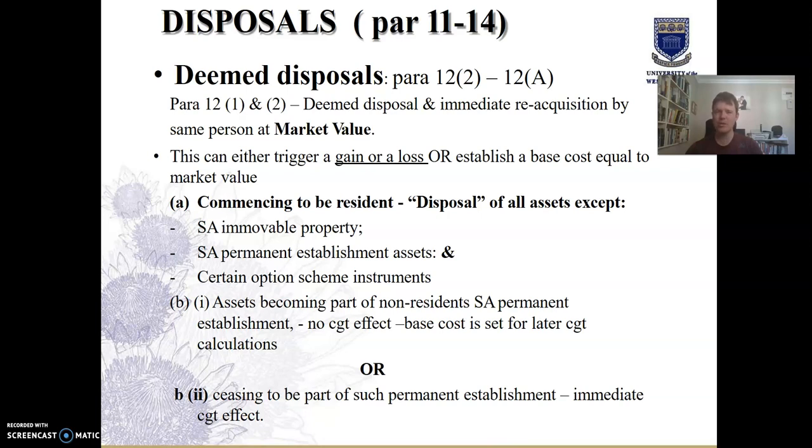They were always subject to CGT, and they still are going to be. B, 1 and 2 speak about something becoming a permanent establishment or no longer being part of a permanent establishment. It's exactly the same as above; the only difference is that it's dealing with permanent establishment. I wouldn't stress too much about that.